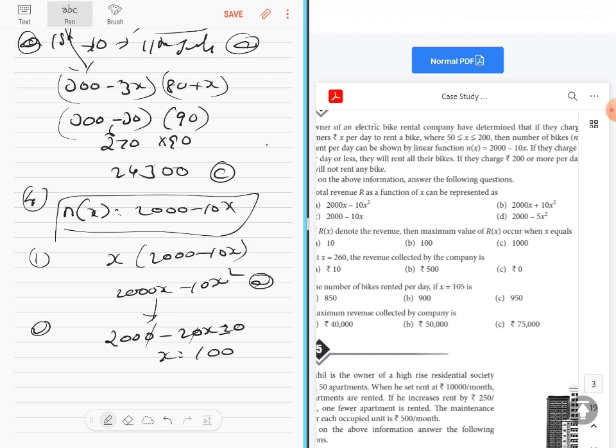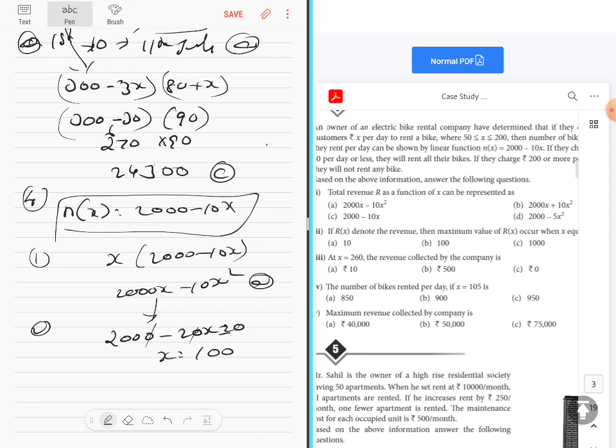Now the next part: at x is equal to 260, the revenue collected by the company. You put 260 in the revenue.